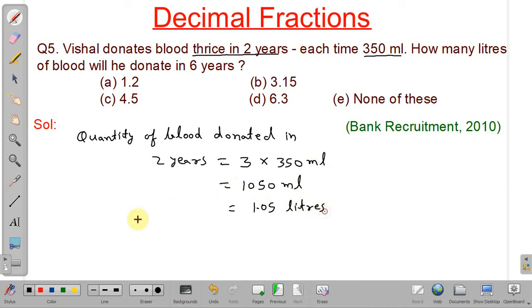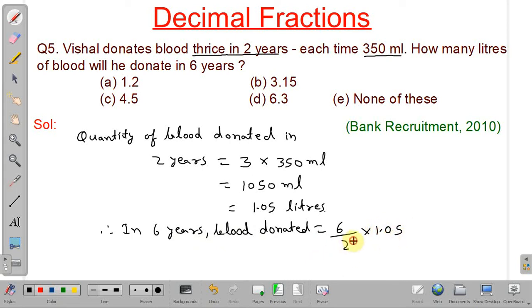Okay, so therefore in 6 years blood donated will be equal to, as in 2 years he is donating 1.05 liters, so 6 years, 6 by 2 into 1.05, and this will be equal to 3.15 liters. Okay, so our answer will be option number B.